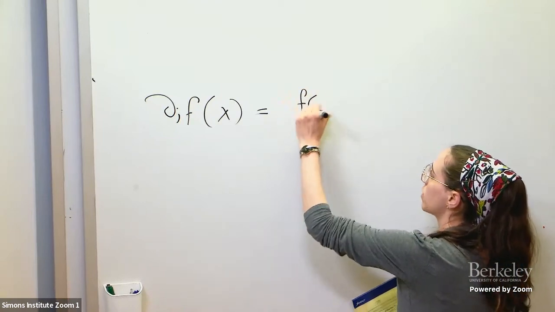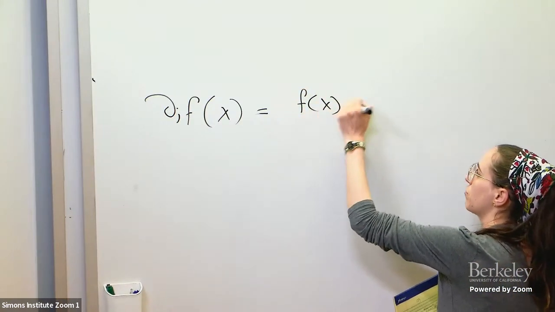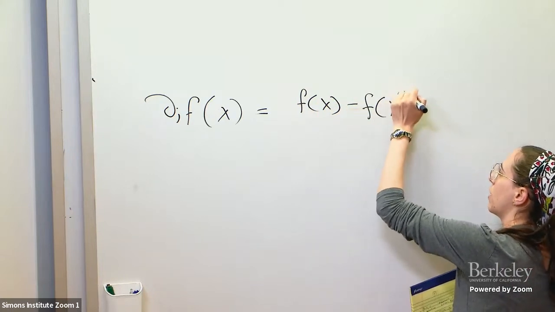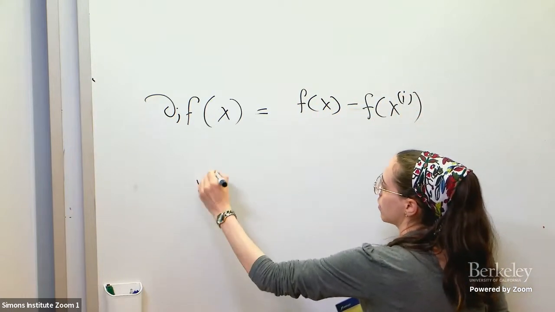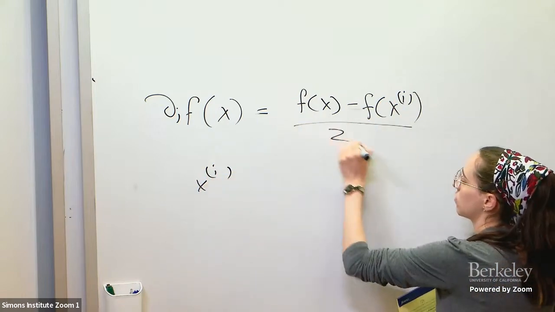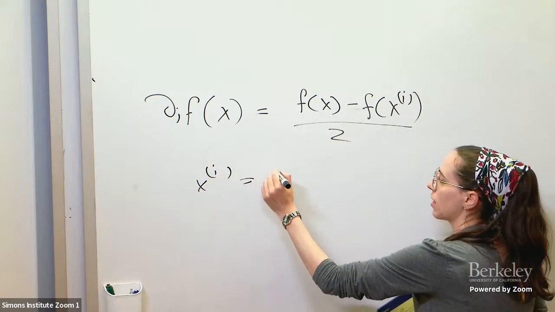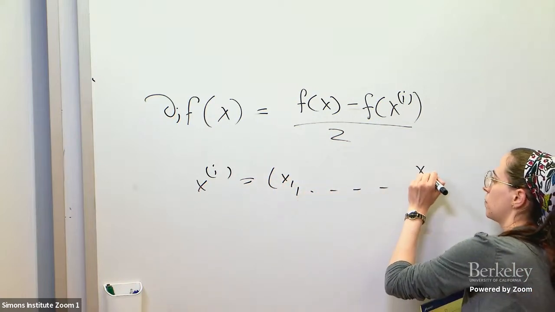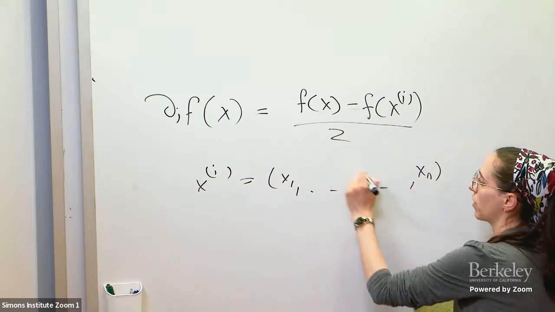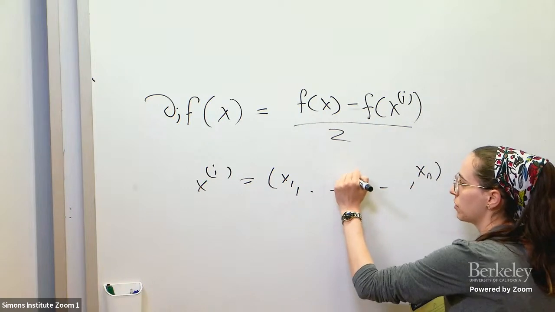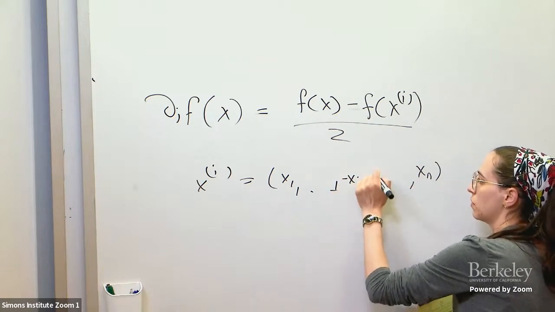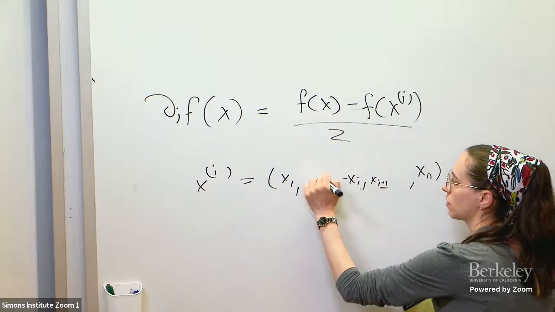So this is defined to be the value of f on x minus the value of f on x^i, where x^i is exactly the same as x, where the ith bit is flipped.